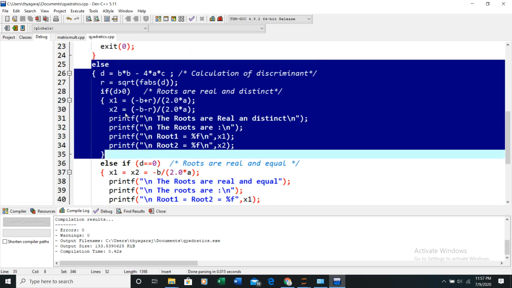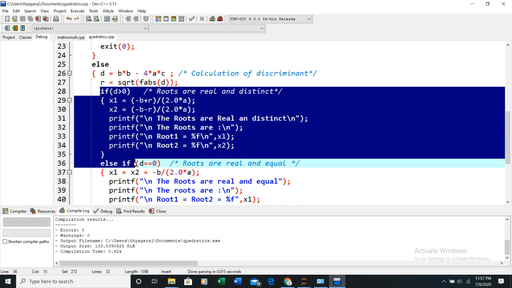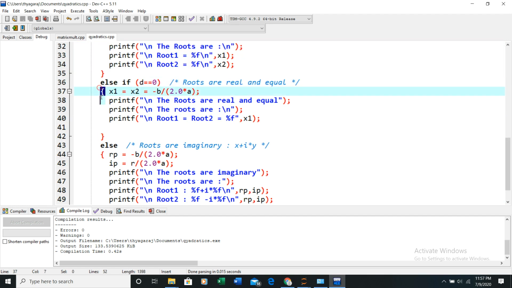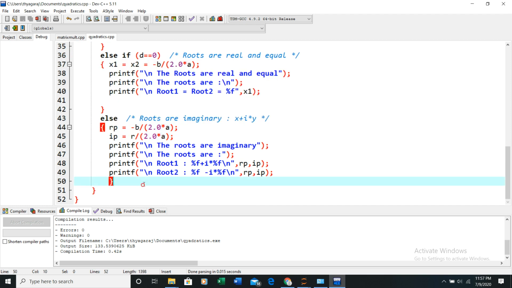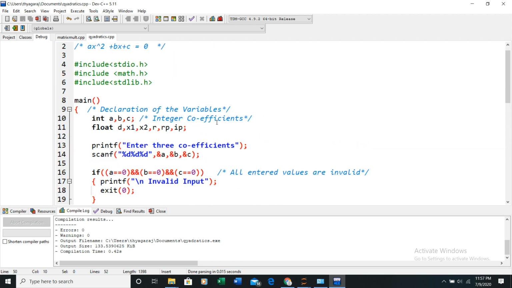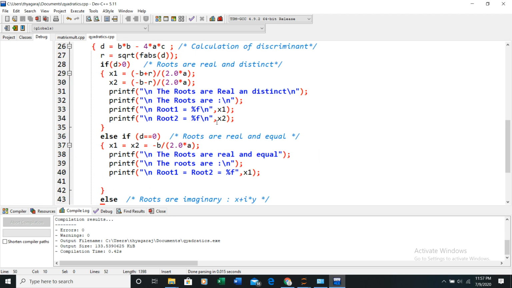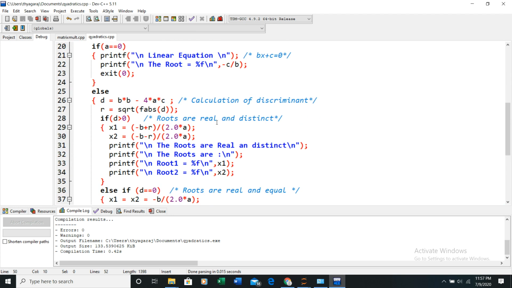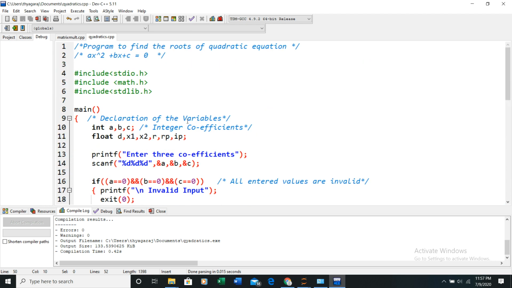In the else block we have once again if else. Nested if else statements we have got. You can use even a switch case statement also. This is one possible approach to determine the roots of the quadratic equations.